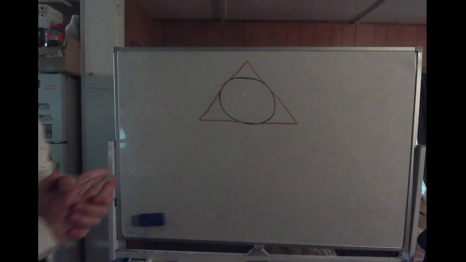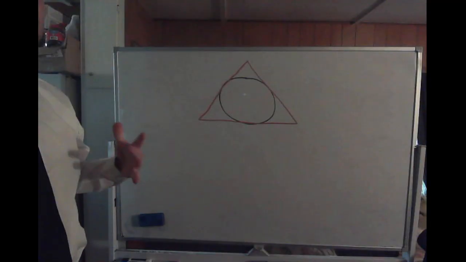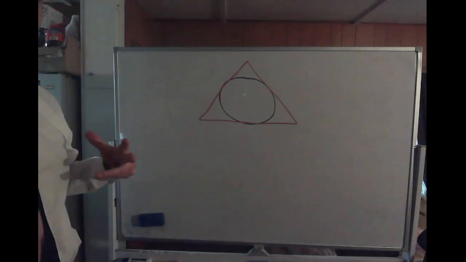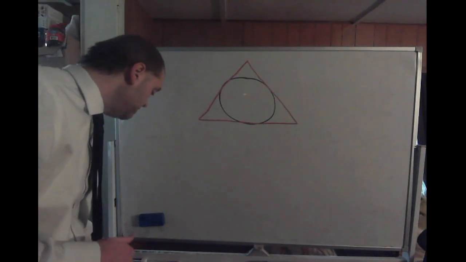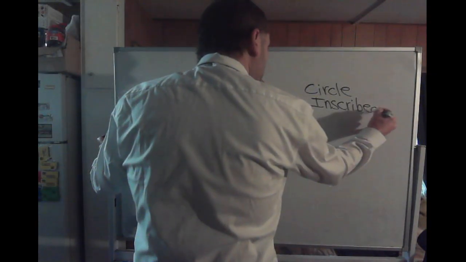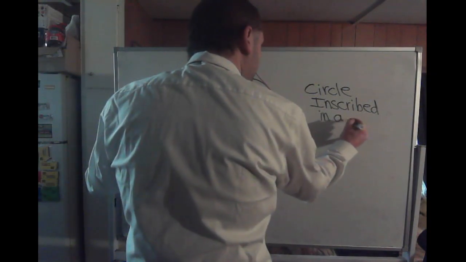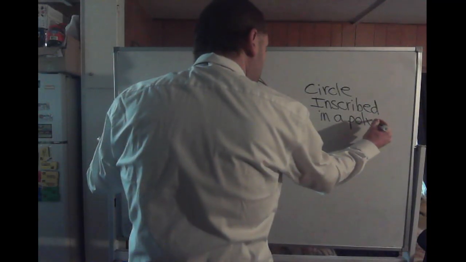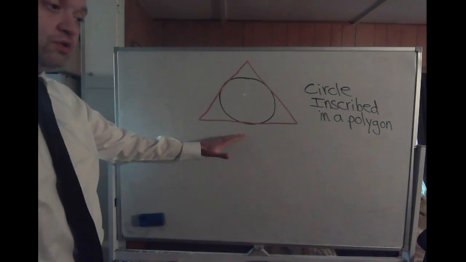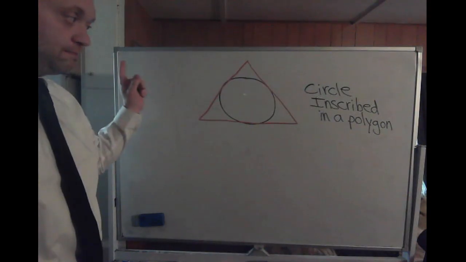Yesterday we had talked about a polygon inscribed inside of a circle and a circle that's circumscribed about a polygon. You can have the reverse scenario too. You can have a circle inscribed in a polygon that's formed by taking three or more tangent lines to the circle and going around the circle.